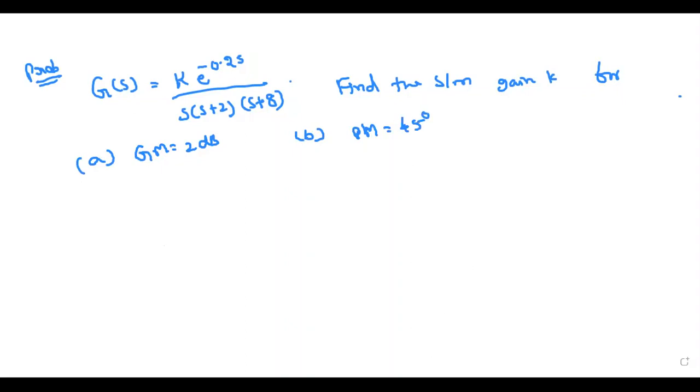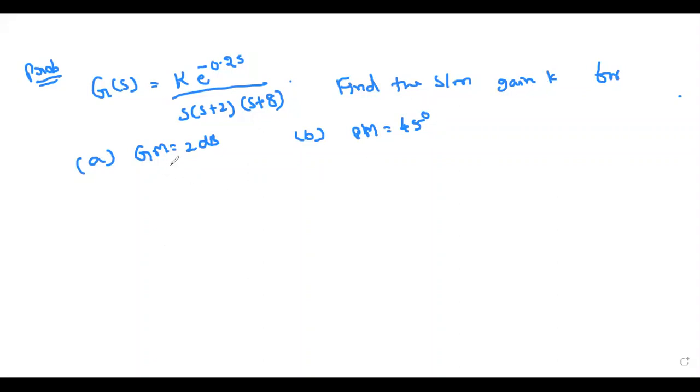That means when the gain margin is equal to 2 dB, what is the K value? And in the second case, if the phase margin is equal to 45 degrees, what will be the K value? So this is our requirement.